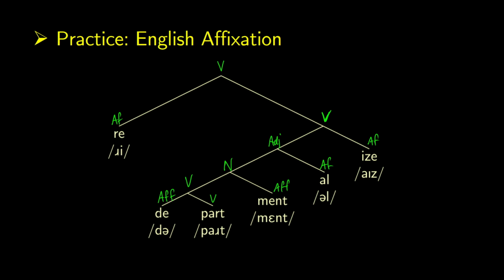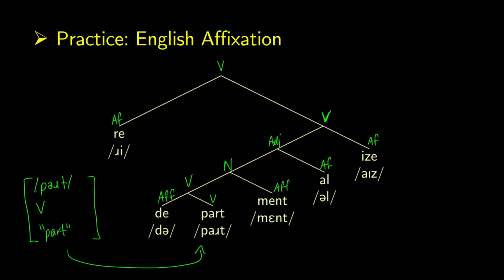Now, we could also do little morpheme-based models for this. So, for instance, let's say we wanted to do part and just talk about that. Okay, so part, that's how you pronounce it. It's a verb, and what does it mean in this case? Well, it means depart. So that would be the lexical entry for that morpheme part.